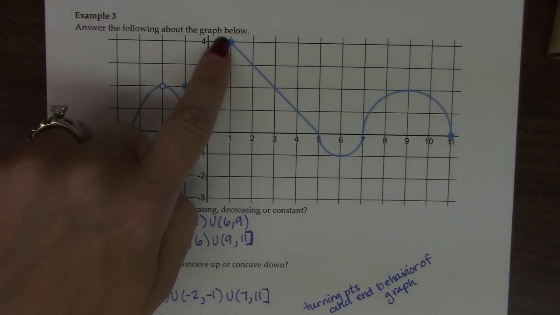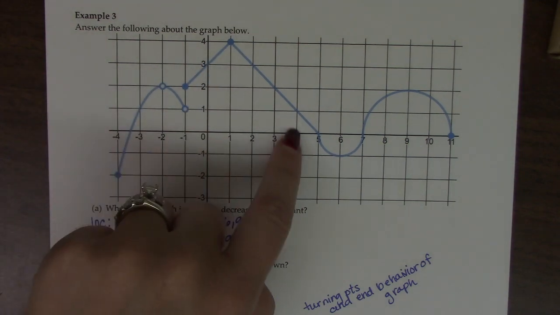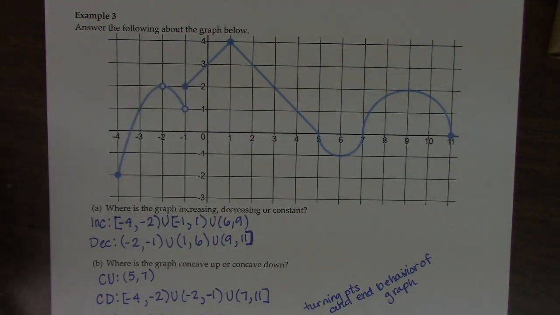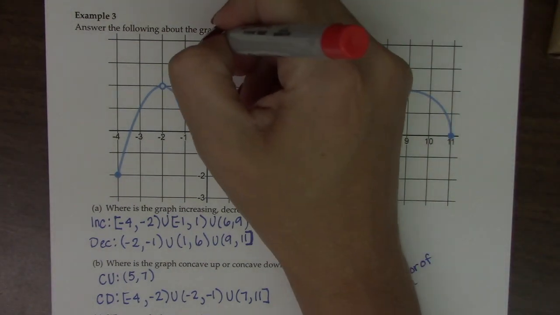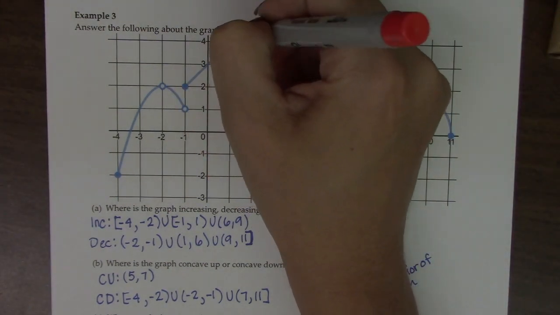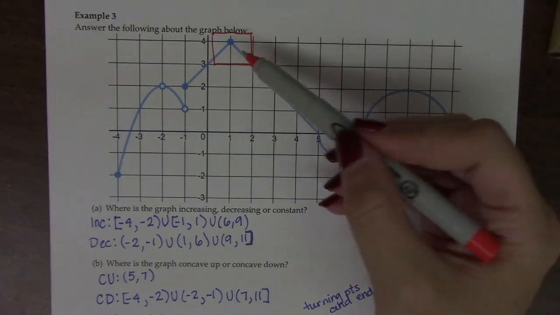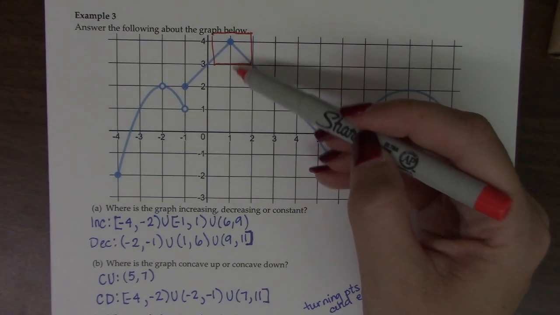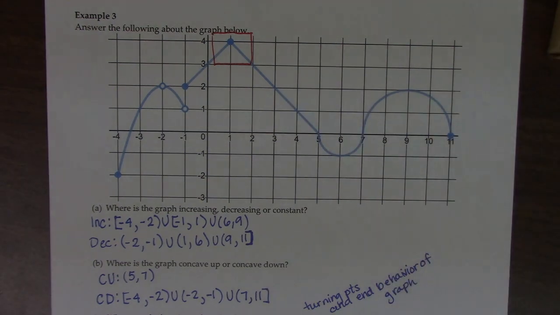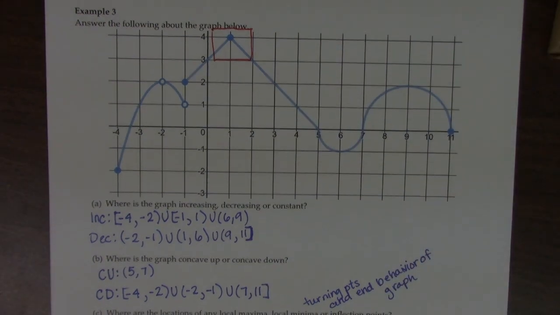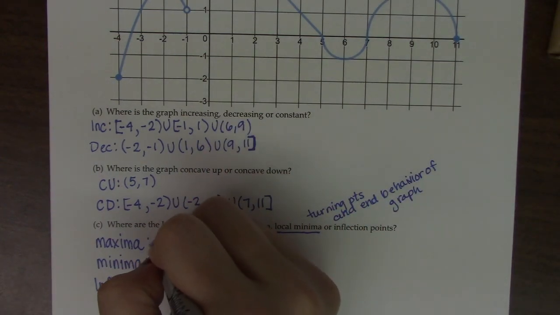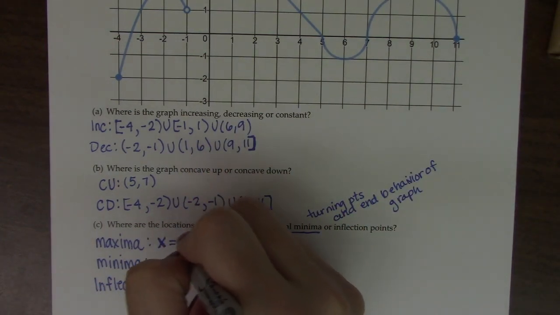However, the graph comes up and turns and goes down. So in this little region of the graph, and this is what we call local max or min, that is the highest y value. Once again, we're asking where these exist, so we're going to list the x value. So we would say that we have a maxima at x equals 1.